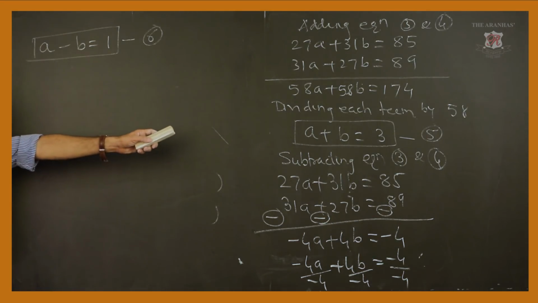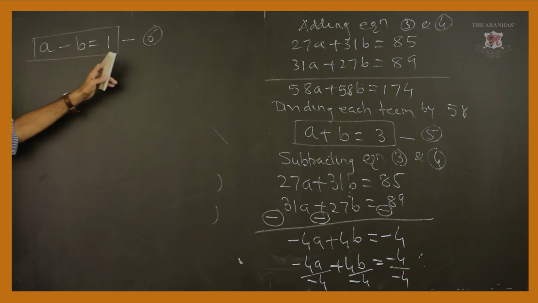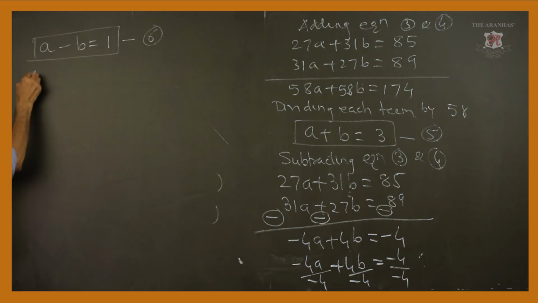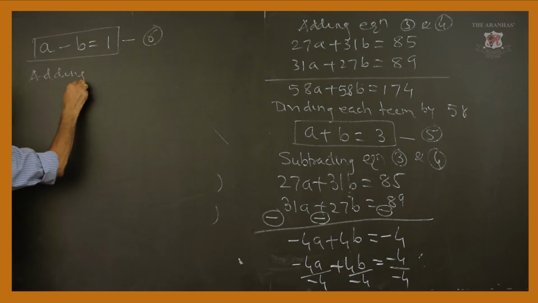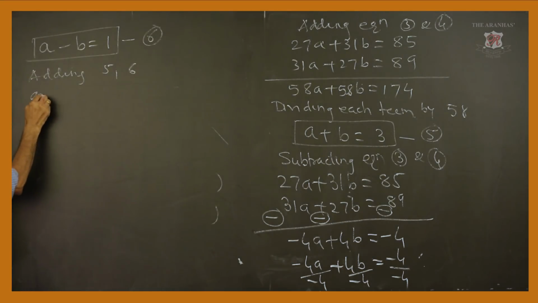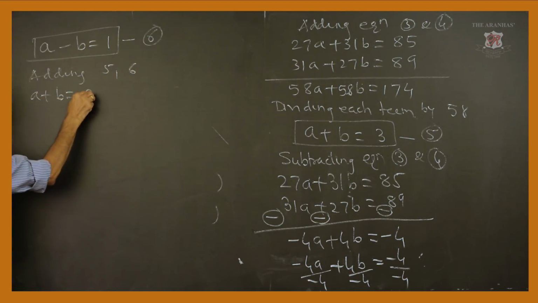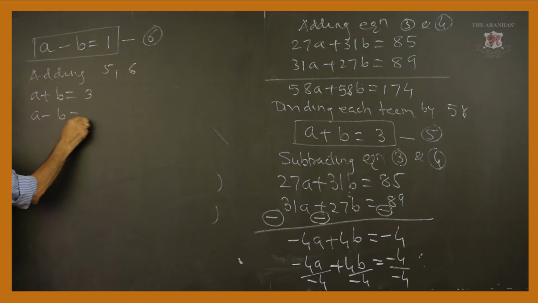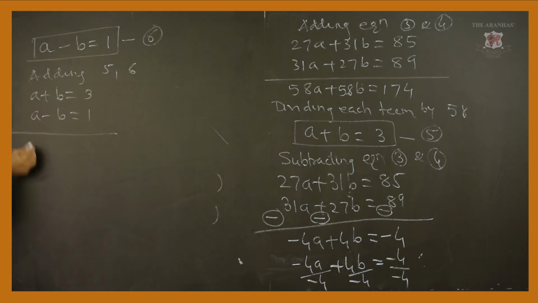So a plus b is 3 and a minus b is 1. So adding 5 and 6, we get a plus b is equal to 3, a minus b is equal to 1. A plus a is 2a, b cancels. So a is equal to 2.